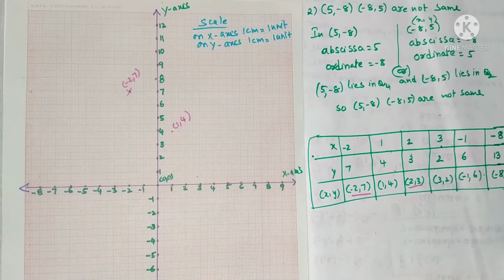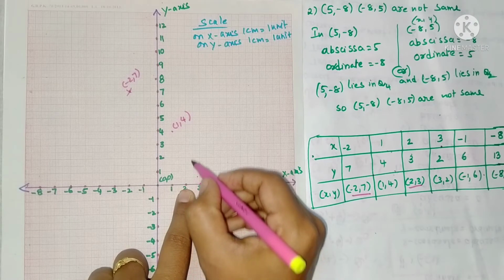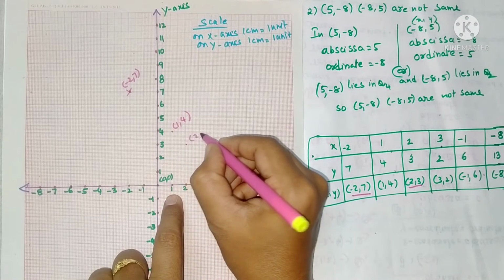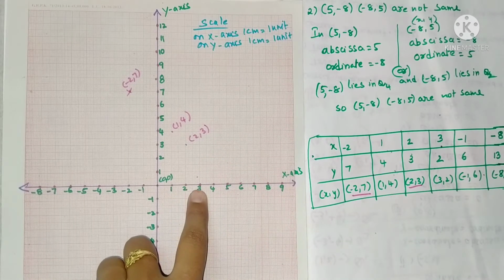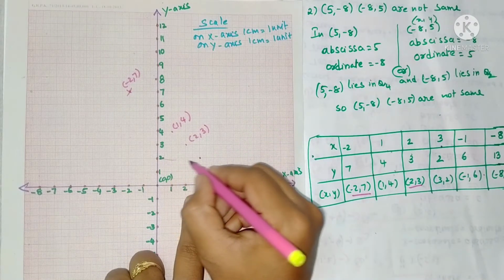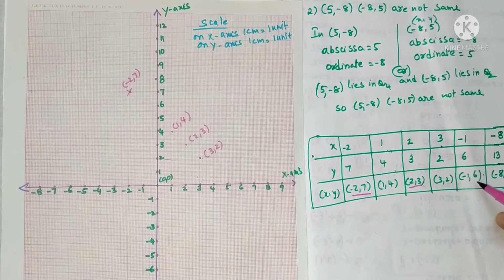Next 2 comma 3. On the x-axis 2 and on the y-axis 3. Here only, na? So 2 comma 3. Next 3 comma 2. On the x-axis 3 and on the y-axis 2 here. Okay. So 3 comma 2. Minus 1 comma 6.